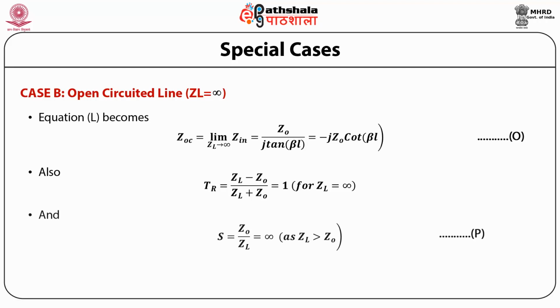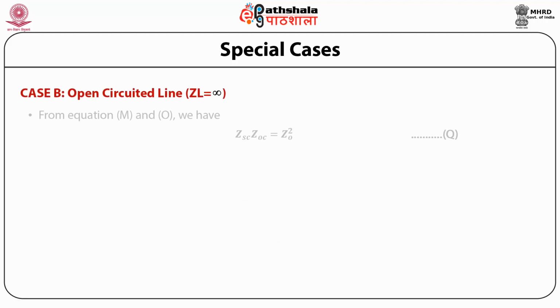So, S equal to infinity as ZL is greater than Z0. So, from equations M and O, we have ZSC multiplied by ZOC equal to Z0 square.